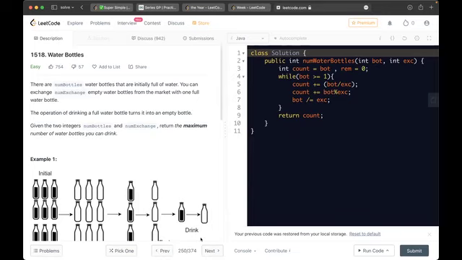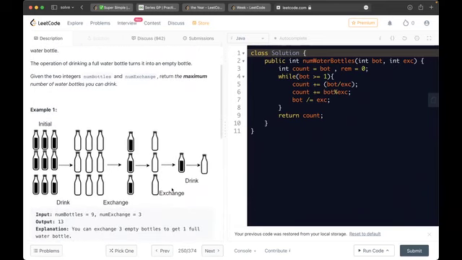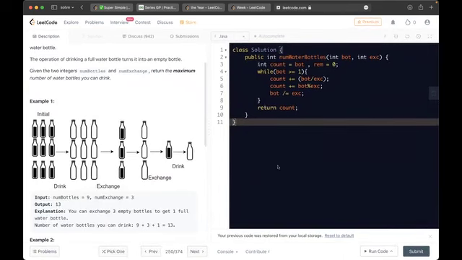At last, what you have to do: if one bottle is remaining, then you can use it. If at last one bottle remains, there won't be the exchange number of bottles. For this example, num exchange is 3 and at last only one bottle is remaining, so you can drink it.